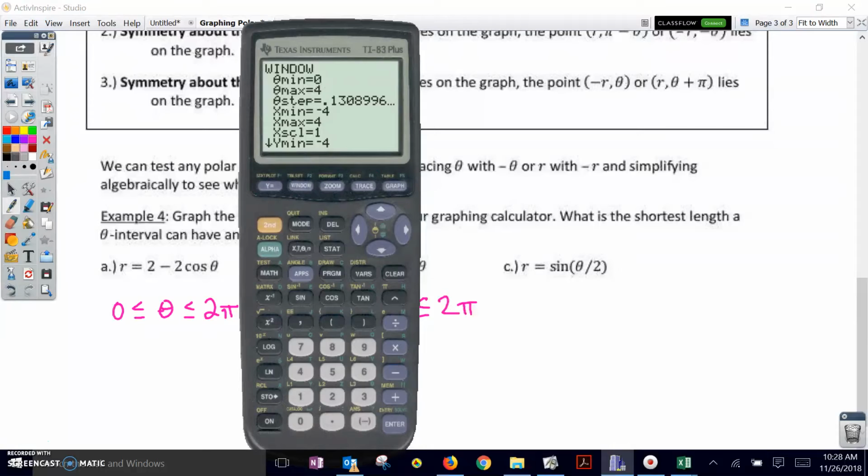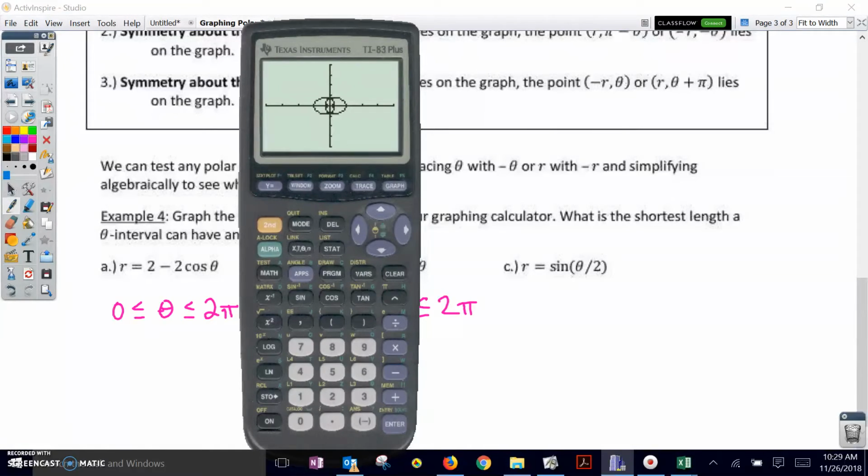Let's see what happens if I take it up to 4 pi. And let's see, it draws this graph. Oh, and then it keeps going. So 2 pi wasn't enough. I would have been wrong. That looked like maybe it was the whole graph, but it wasn't.